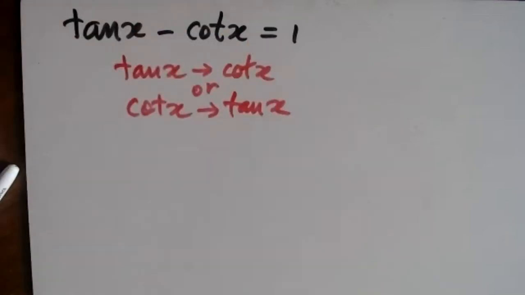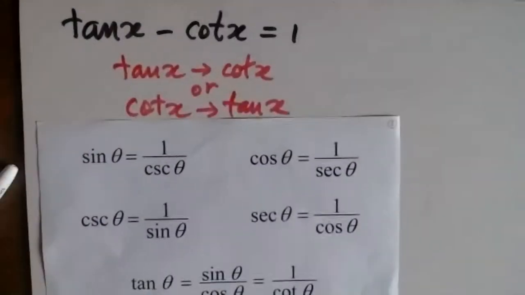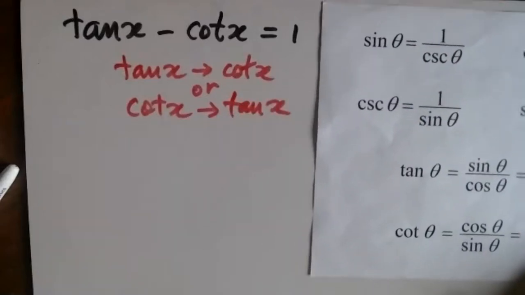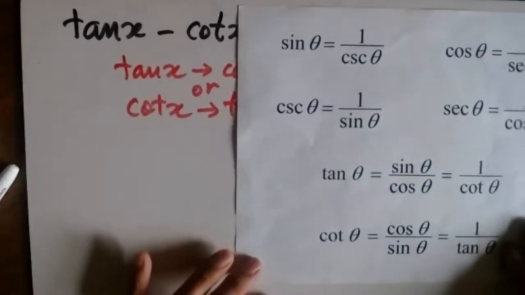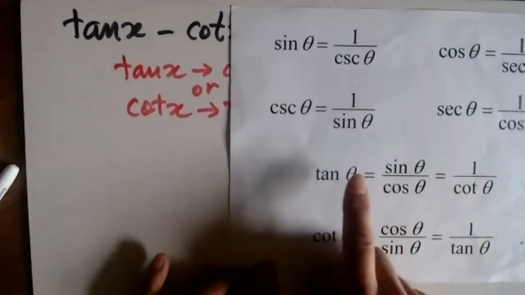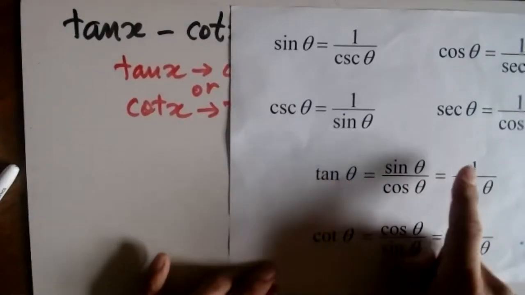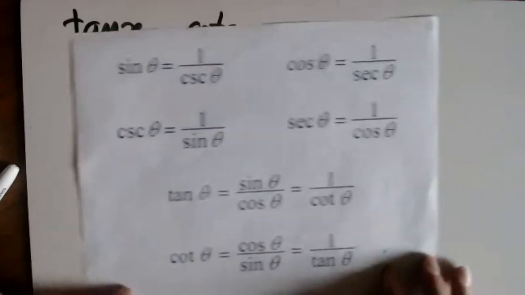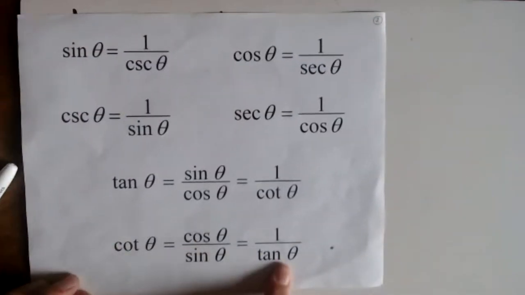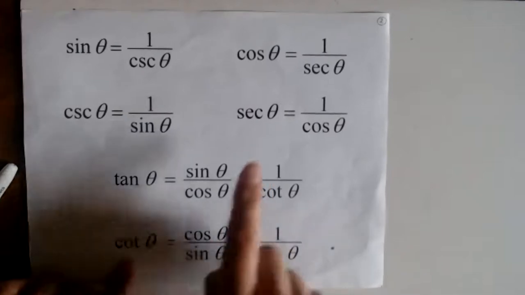Well, again, remember I told you you can use your identities. So these identities tell you something very important. For instance, here, tangent is the reciprocal of the cotangent, so you can change the tangent by the reciprocal of the cotangent, or you can change the cotangent by the reciprocal of the tangent. You see? You can use any of them.